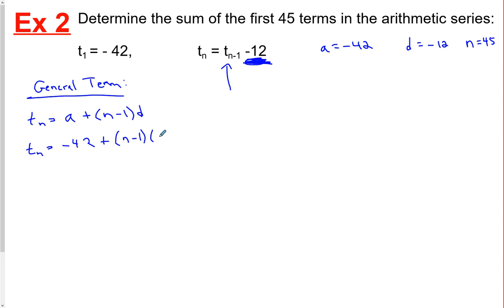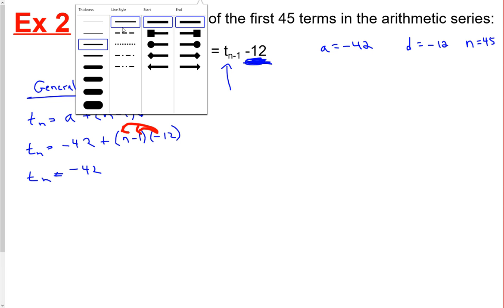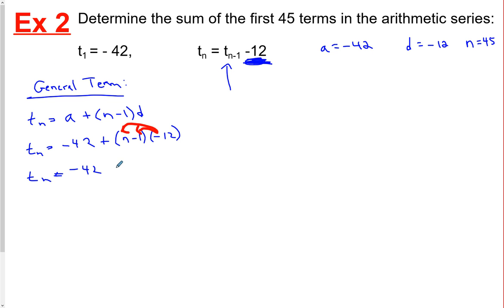It's negative 12. Let's multiply this negative 12 through the brackets. I'm going to end up with negative 12n, and negative 12 times negative 1 is going to be positive 12.